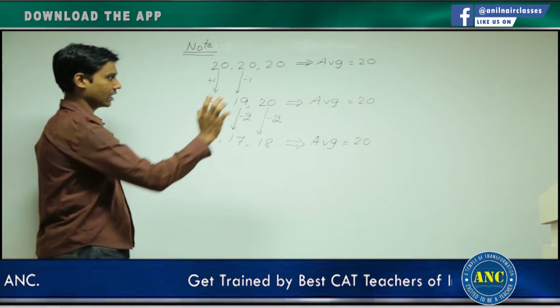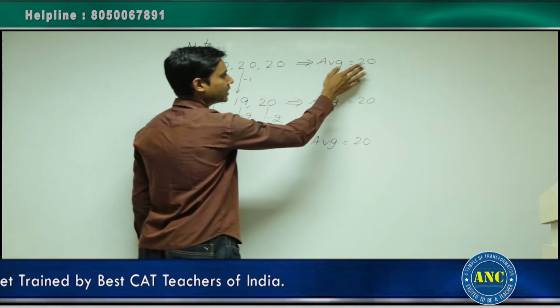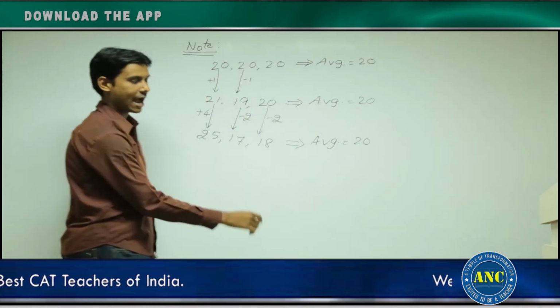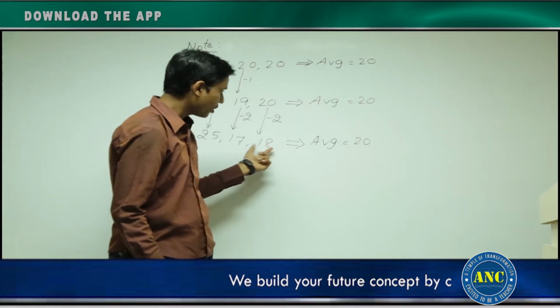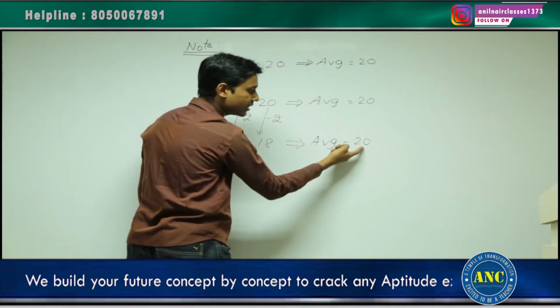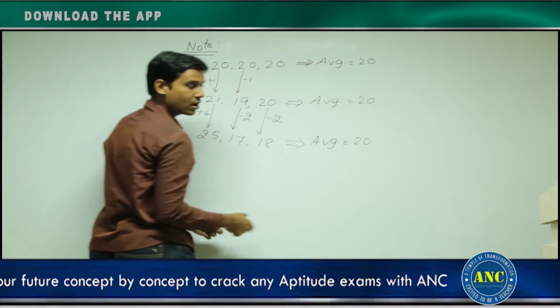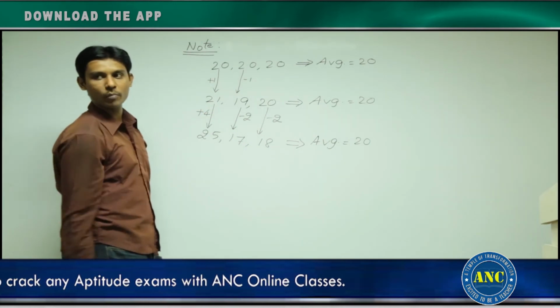Now, if you observe very carefully, the average of the series 20, 20 and 20 is 20. The average of this series is also 20, and the average of this series is also 20. That means to get the average at 20, how many such series can you form? You can form any number of series, as many as you want.